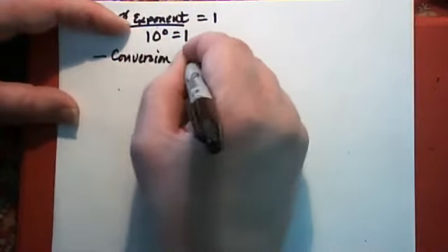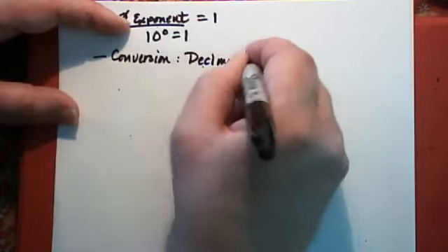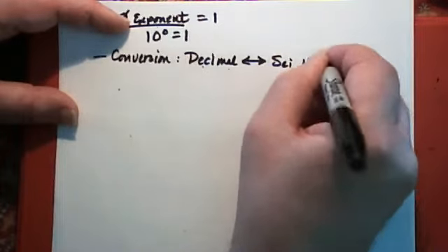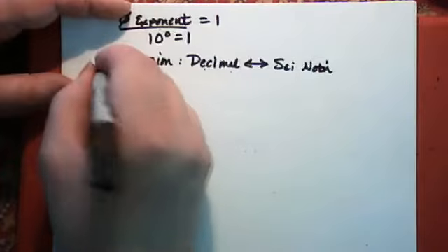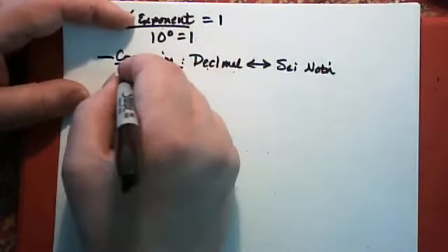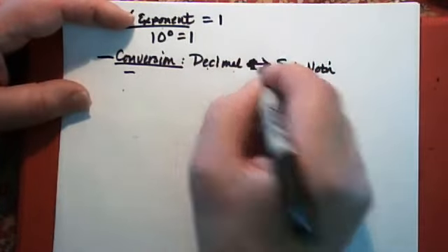So conversion between decimal and scientific notation can be accomplished in a series of steps. So let's see, first going from decimal to scientific notation.